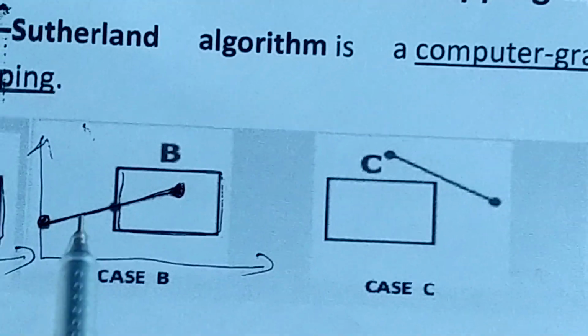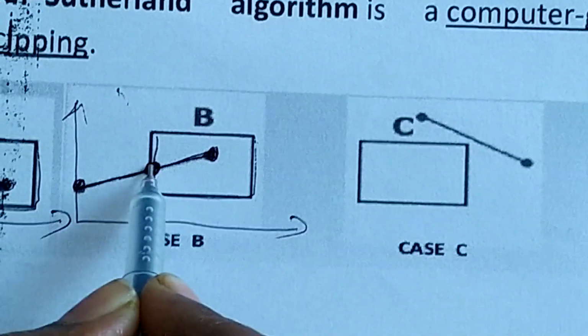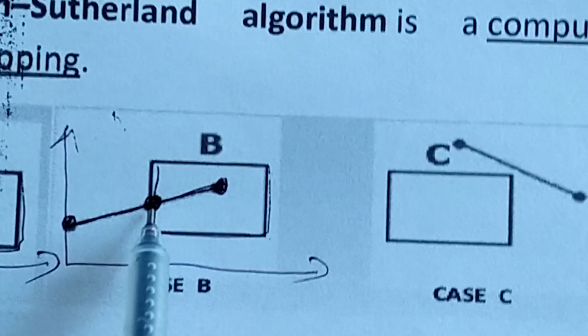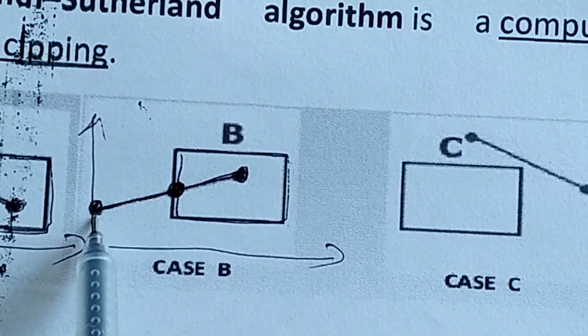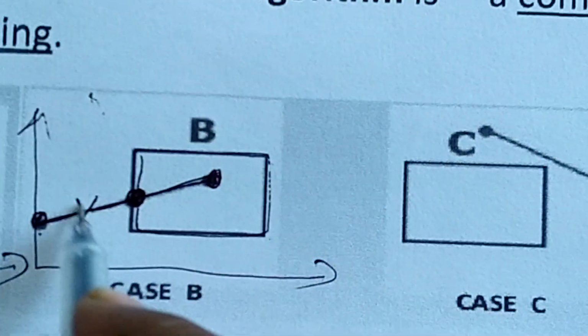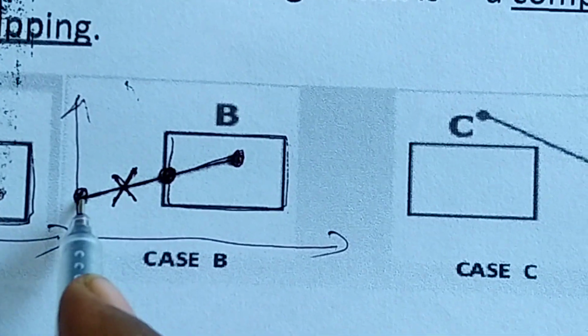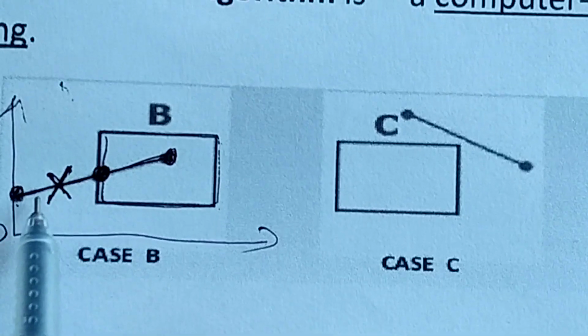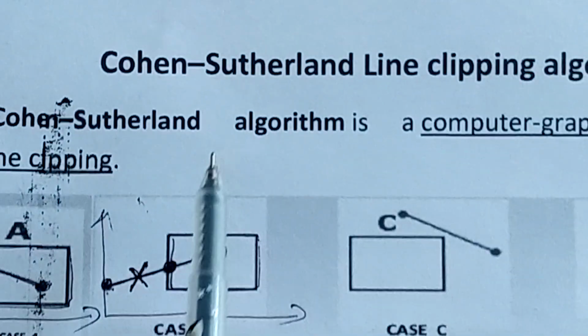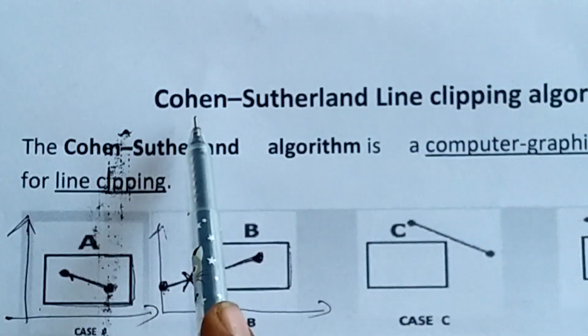So in that case, we need to find the intersection of the line segment. Using this intersection and the other end point, we need to clip this. We need to reject this portion of the line. So this is called line clipping.